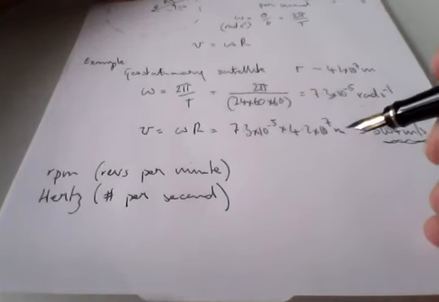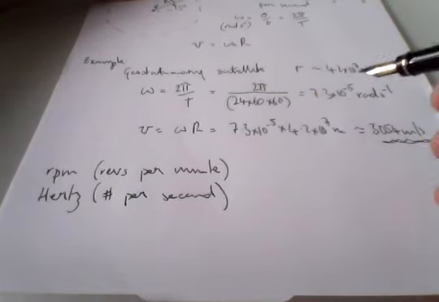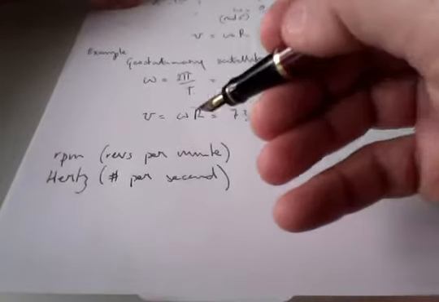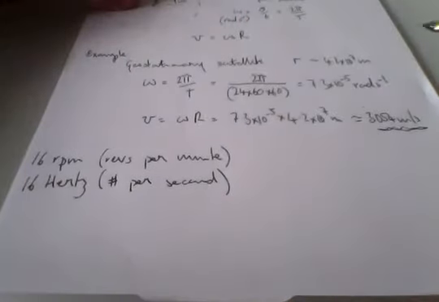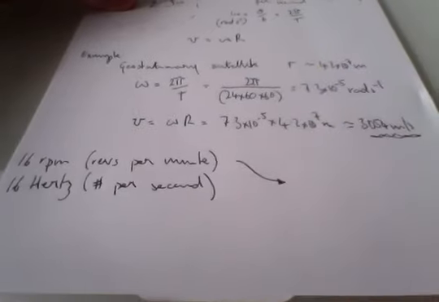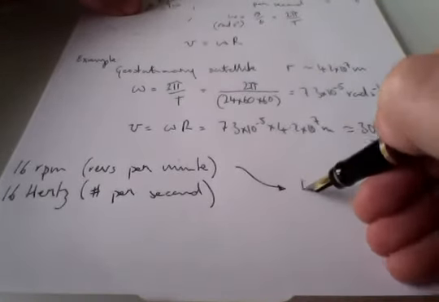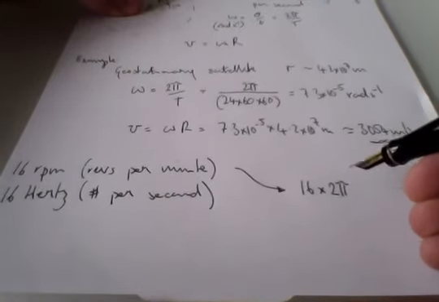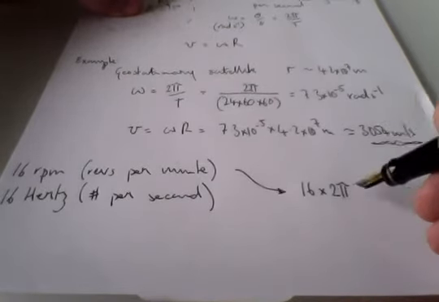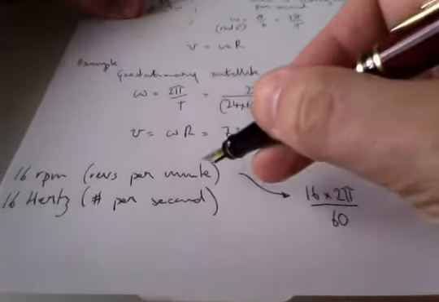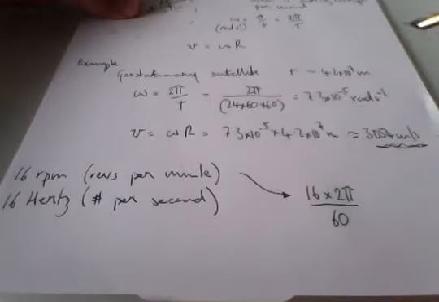Okay, very simply, let's have an example. Let's say something was given as 16 RPMs or 16 Hertz. How do we convert that into omega? Well, 16 RPMs, let's go for that to start with. 16 revs per minute means 16 revolutions, and each revolution is 2 pi, because obviously we're talking about complete revolutions, and that occurs in 60 seconds, because 60 seconds equals 1 minute.